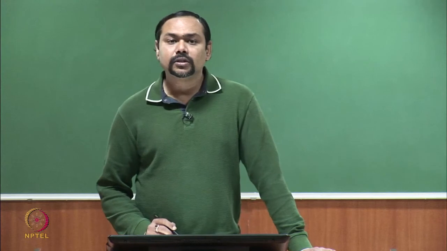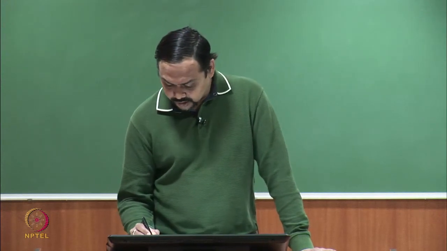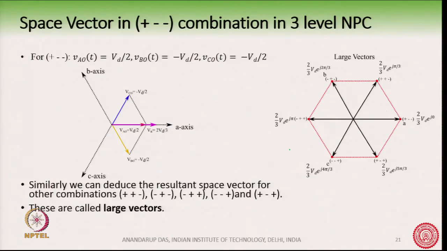Now, there are some vectors which are even larger in size. This is shown in this space vector diagram. This will form the boundary of the space vector diagram. Again I will use the dotted line to show you the inner hexagon here, and you have the outer vertices of this hexagon.